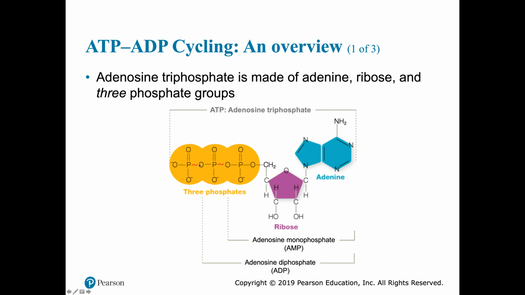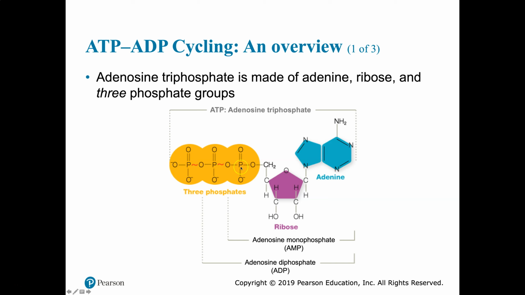So here's the deal. These phosphates hate each other. They can't stand each other. They do not want to be near each other. They don't like it. Notice there's a negative charge right here. So all of these have a negative charge, all three of them. And what happens if you have like charges? They repel, right?